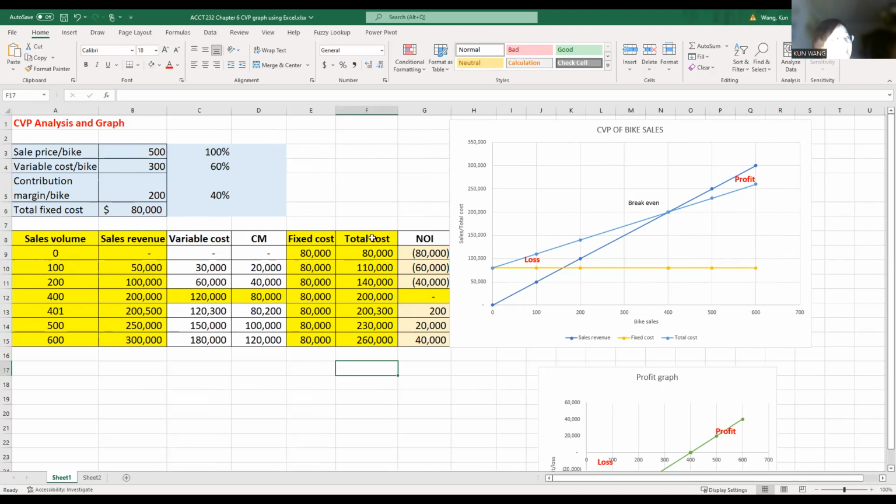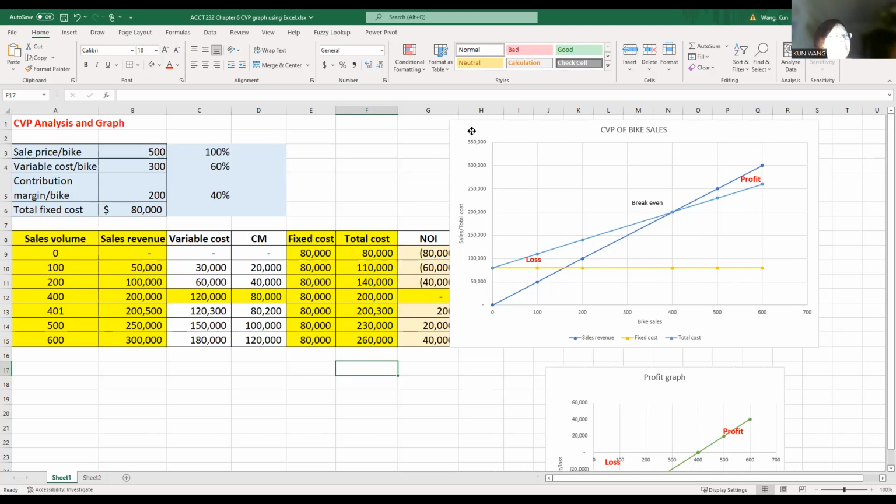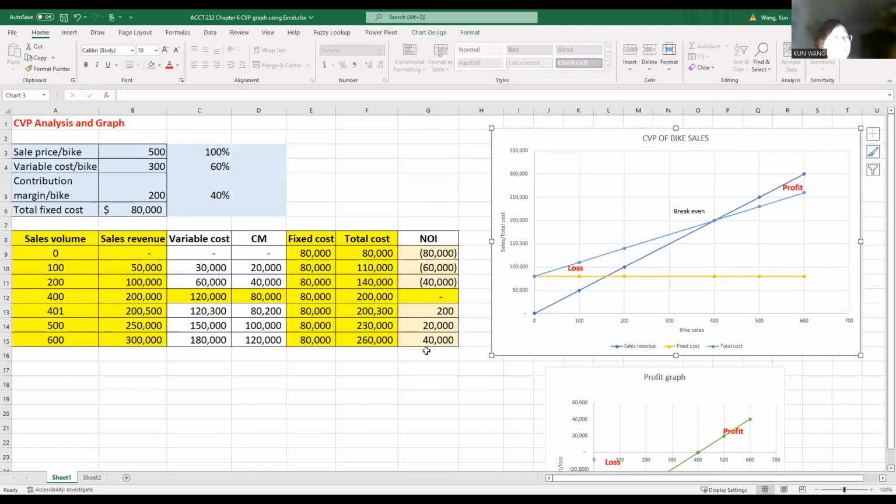The reason I summarize a total cost is so that I can draw the graph. In the homework, we didn't really have a total cost. The total cost is variable plus fixed cost, which is for making the graph. Then we have the net operating income, which is like the profit.